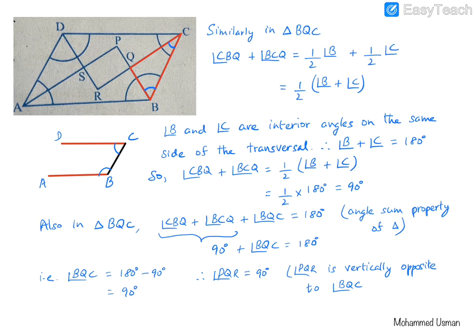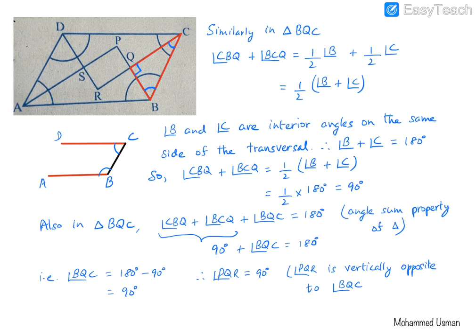So angle CBQ plus BCQ is 90 degrees, and plus the third angle BQC should give us 180 degrees. So from this we get the value of the angle BQC, which is this angle here. We are getting this angle as 90 degrees, which is a right angle.